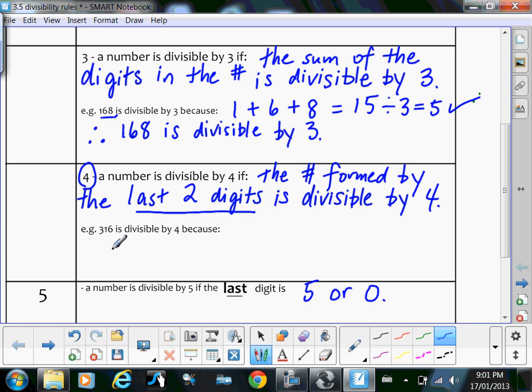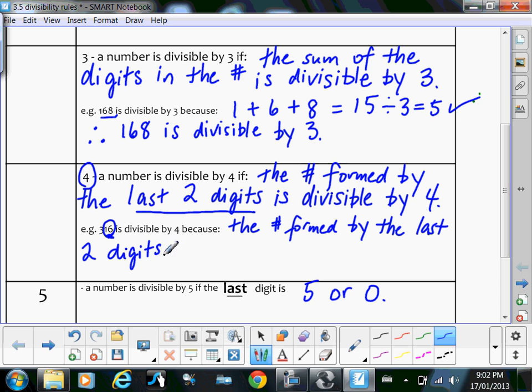So let's work with the example. The number 316 is divisible by 4, and notice I'm underlining the number formed by the last two digits. So in this case, we're looking at 16, okay? 316 is divisible by 4 because the number formed by the last two digits, 16, is divisible by 4.